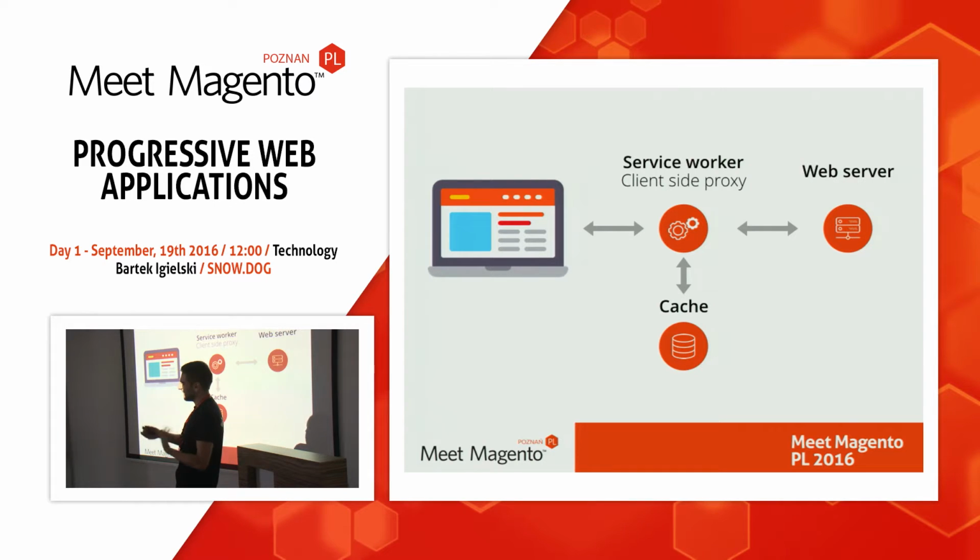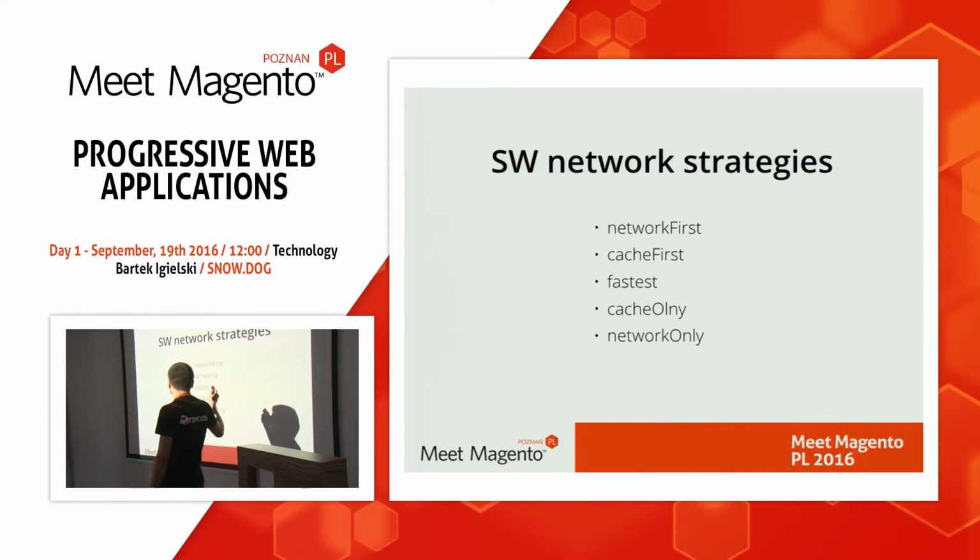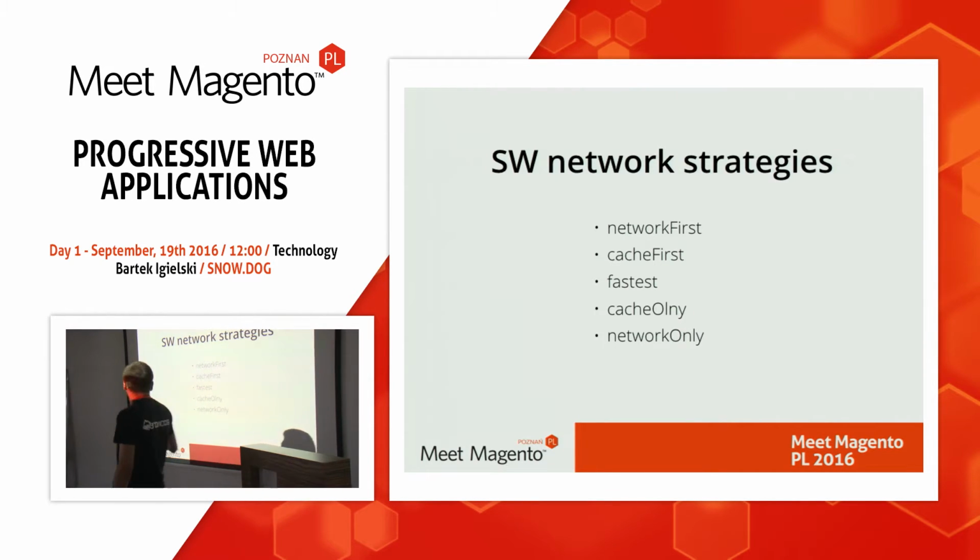If the request takes too long to respond, we can use the version from the cache, or even load only from the cache. There are a few network strategies that we can use, and all of them are easily available through the service worker toolbox.